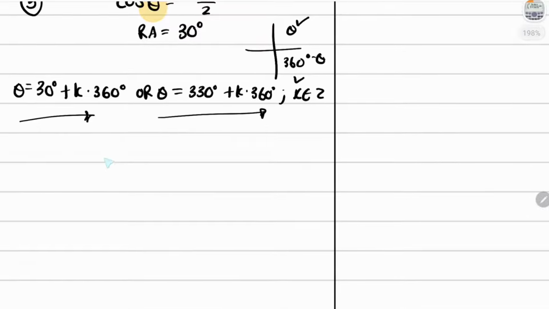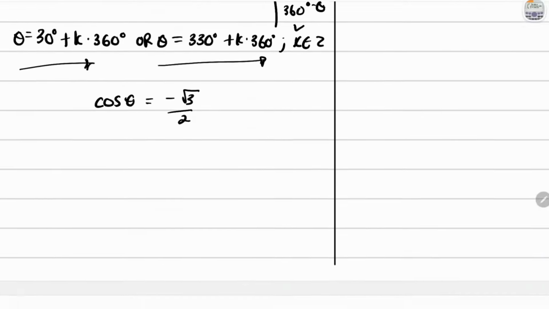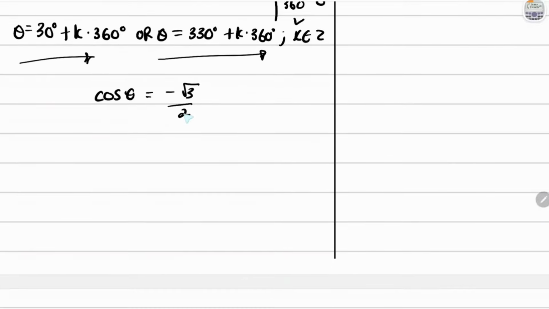So when it is negative instead, we have cos of theta being equal to negative root 3 over 2. In this case, you're going to have to consider that your function is negative this time. The places where cos is negative would be in the second quadrant and the third quadrant, where we have 180 degrees minus theta and 180 degrees plus theta.